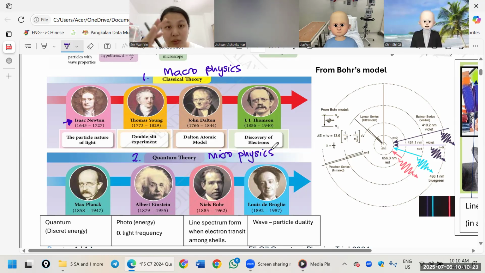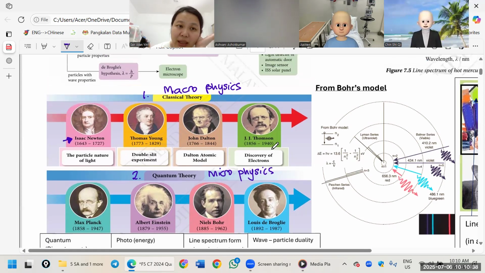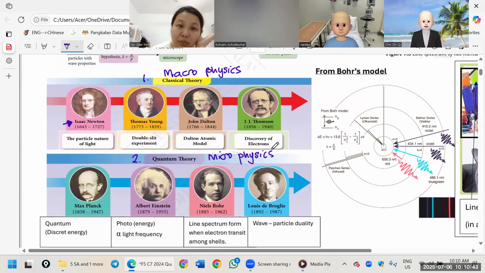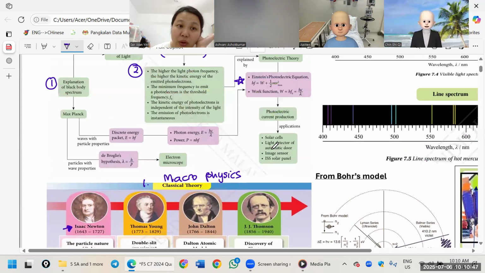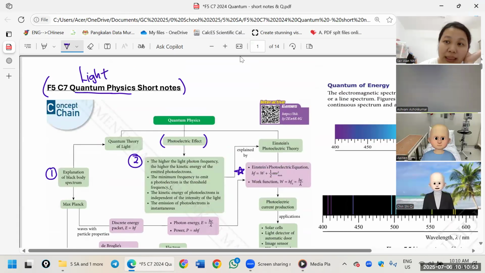For example, force moves something. You can see the sun, you can see the earth moving. All of this is macro physics. Quantum physics, I would say, focuses more on light.